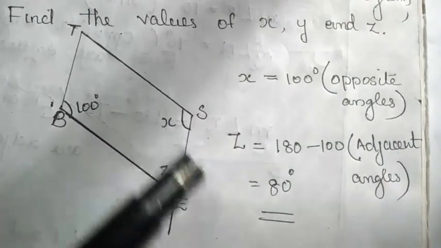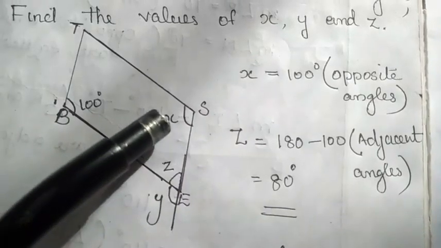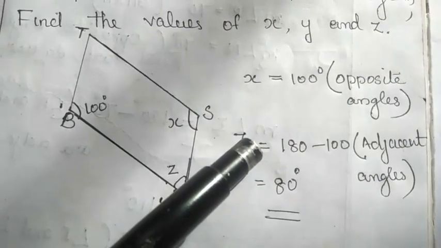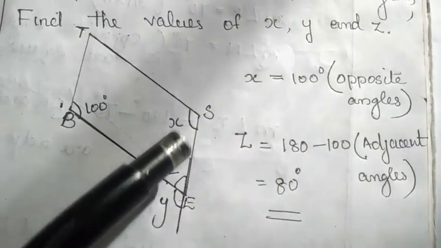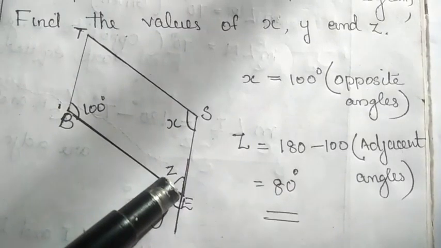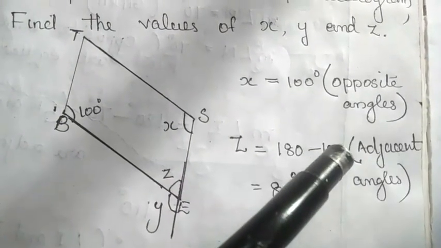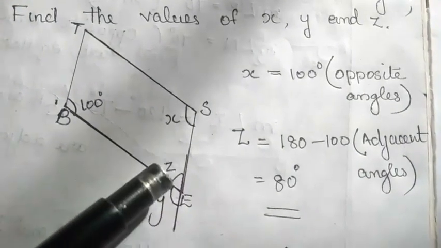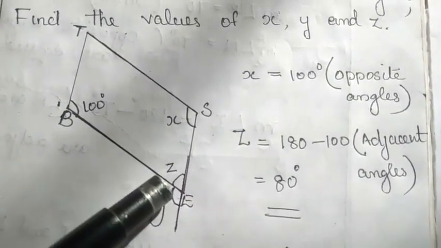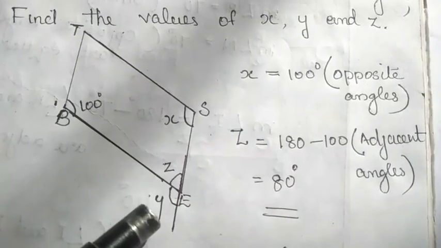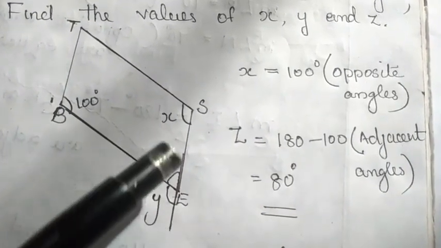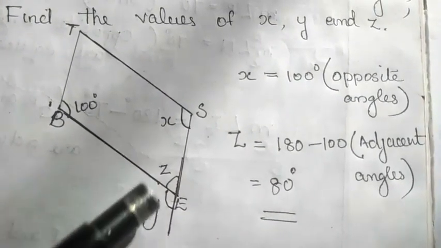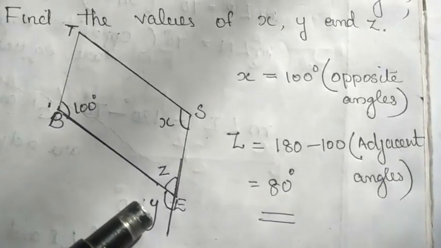Then we find z. Using x you can write z. So here z equals 180 minus 100, so 80 degrees, because they are adjacent angles, they are supplementary angles. Then we can find y. x and y are corresponding angles in a parallelogram.